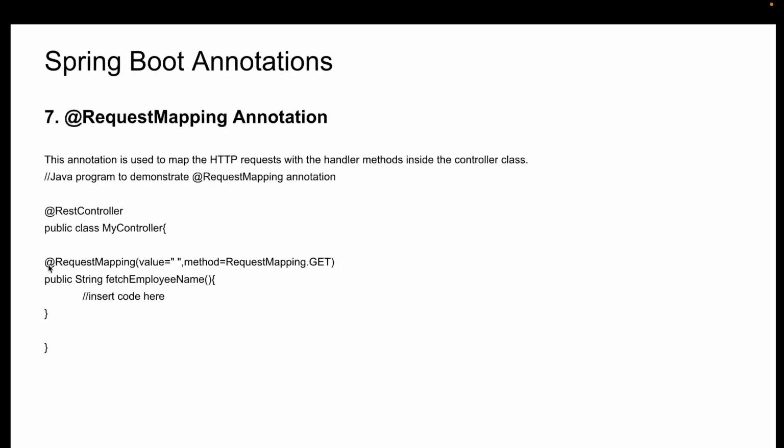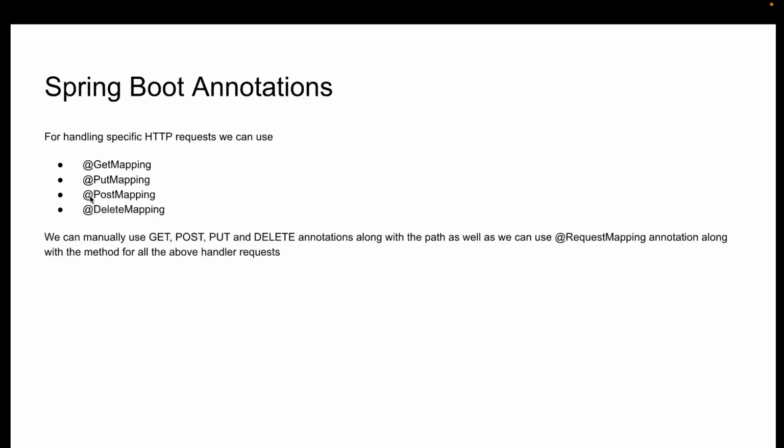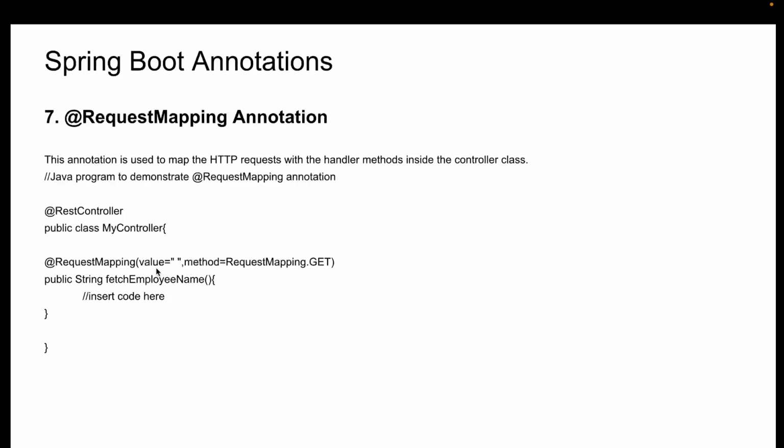Let's say here what we have used in this slide is request mapping, and then we had to specify the method type like request mapping dot get. If we want to replace this entire line, we can just write at the rate get mapping, and in the parenthesis we can specify the value, which is basically the URL that you want to specify.